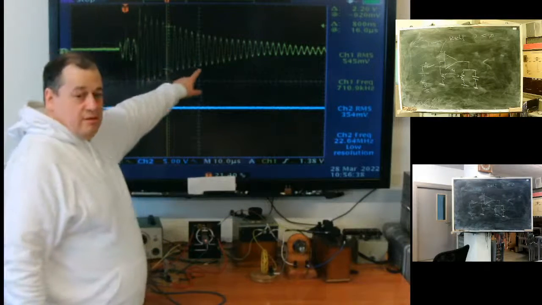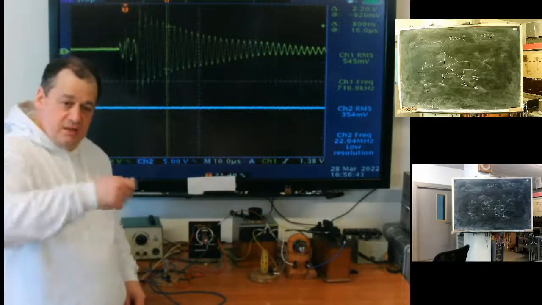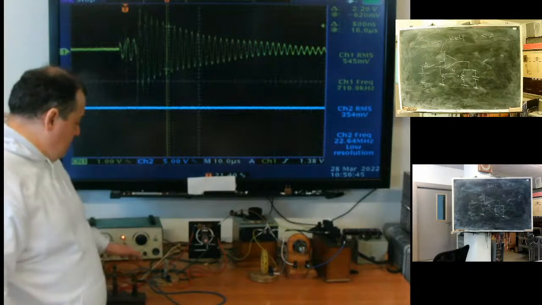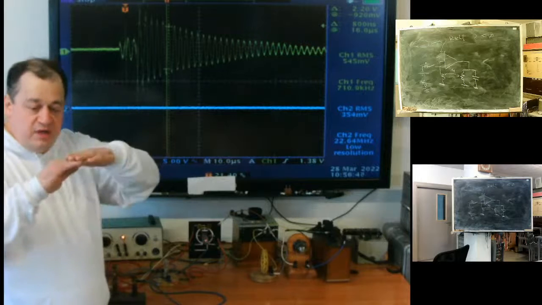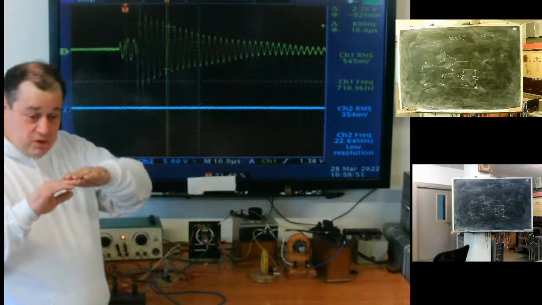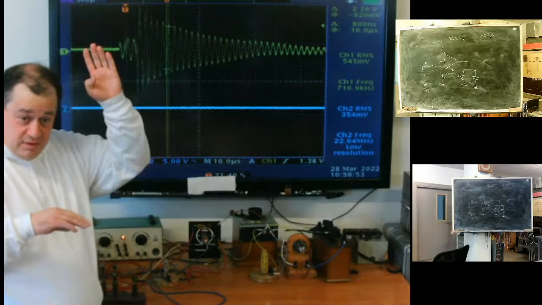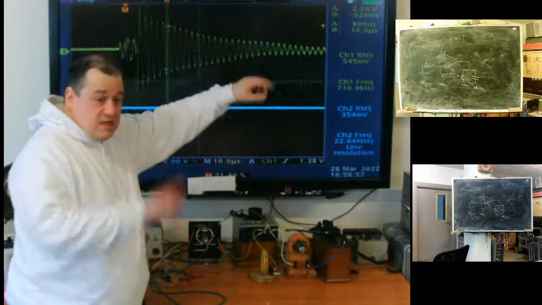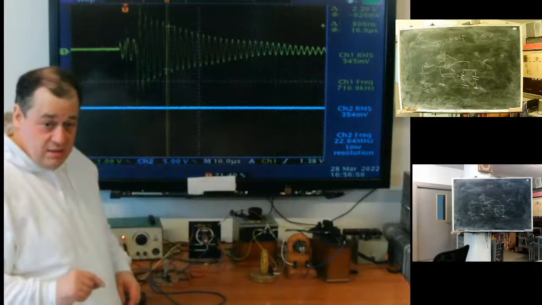Here is the process after I hit with the hammer. I start with the hammer, but say I have added battery voltage to the coil and then discontinued the current. And we have these decaying oscillations.